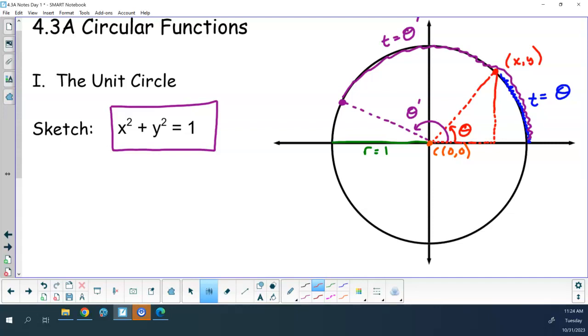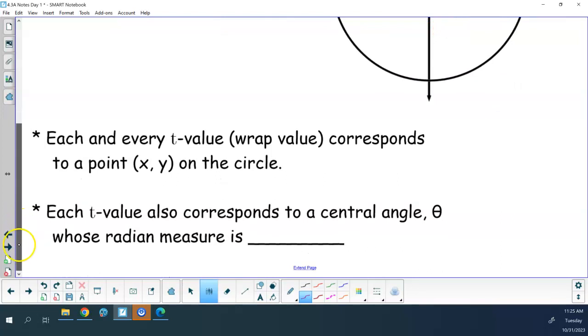That's our old school Cartesian coordinate system. The purple one, I could drive down this road and drive up this road, get there. Trigonometry says we can just go along the circle and find the coordinates that way. So our wrap values also correspond to our central angle.